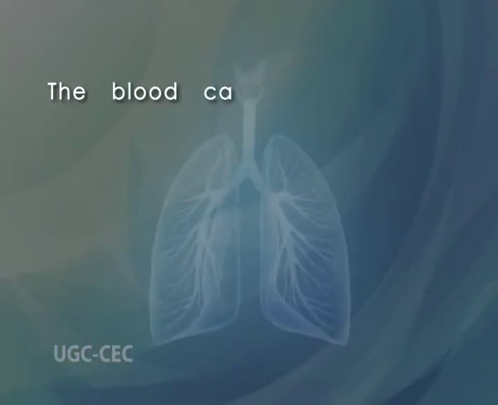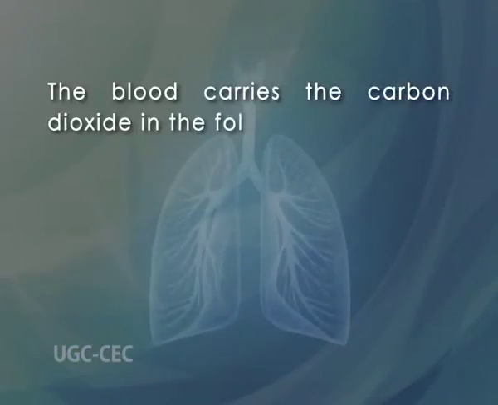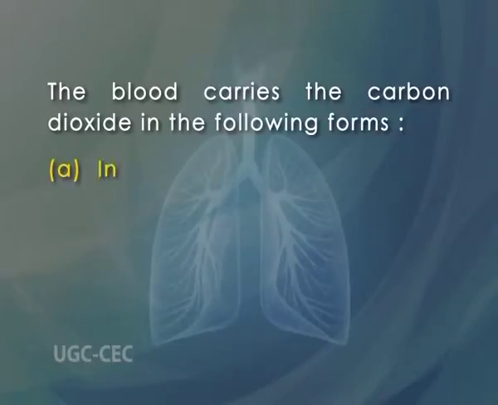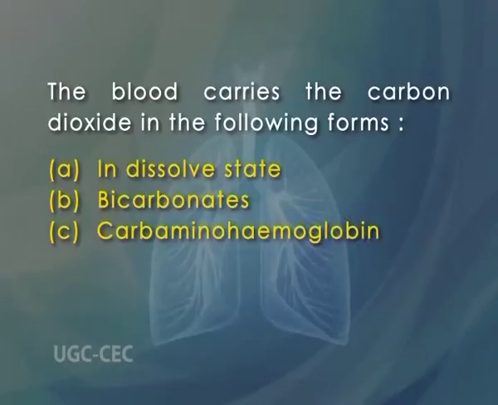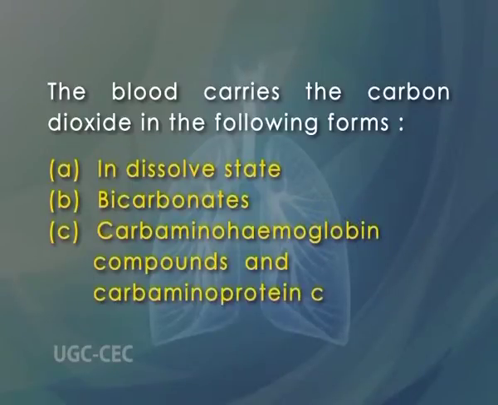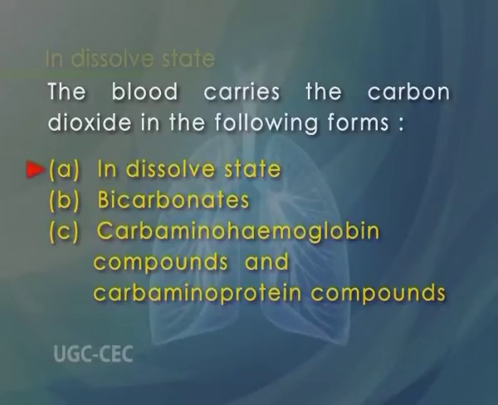The blood carries the carbon dioxide in the following forms: A, in dissolved state; B, bicarbonates; C, carbaminohemoglobin compounds and carbaminoprotein compounds. A, in the form of dissolved state.